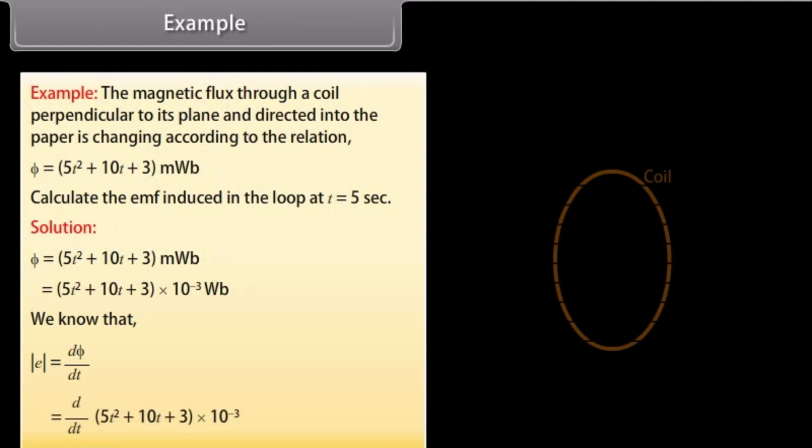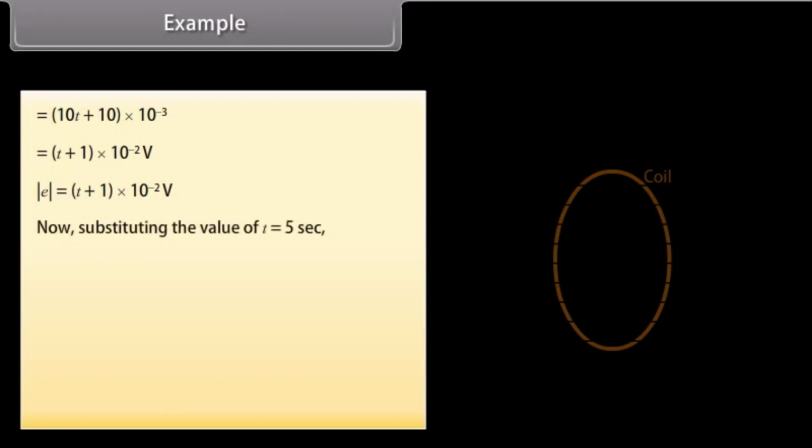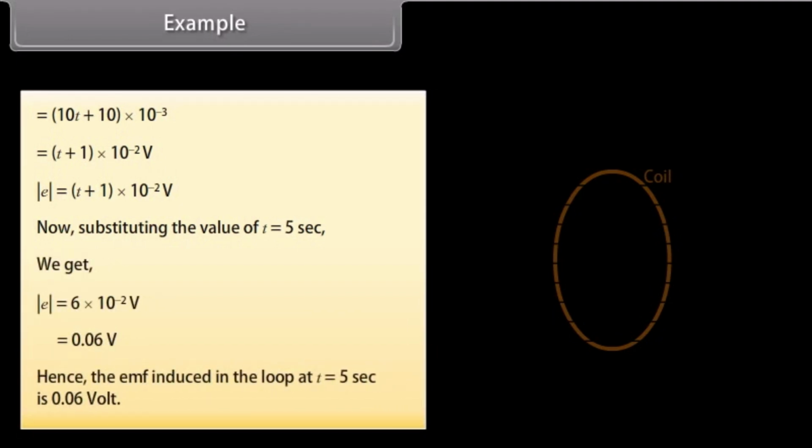By putting the values in this equation we get E is equal to t plus 1 multiplied by 10 raised to the power minus 2 volt. Now substituting the value of t as 5 seconds, we get E as 0.06 volt. Hence, the EMF induced in the loop at t equal to 5 seconds is 0.06 volt.